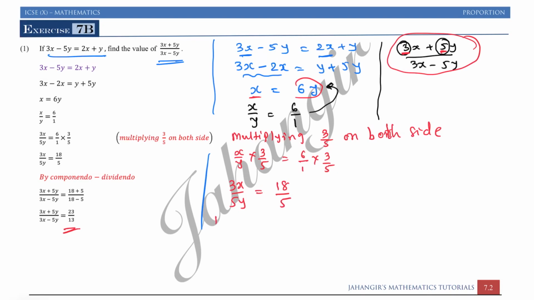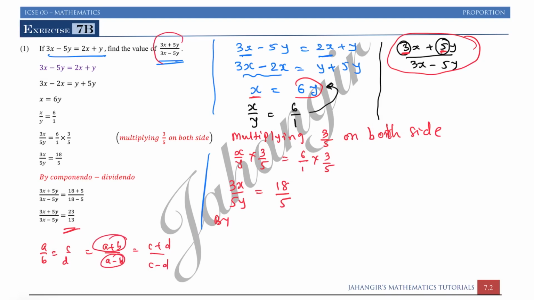Now I will use componendo dividendo because we have plus in the numerator and minus in the denominator. Whenever you have this pattern, a by b equal to c by d is given, and a plus b upon a minus b is equal to c plus d upon c minus d. See, the terms are the same, only the difference is in sign.